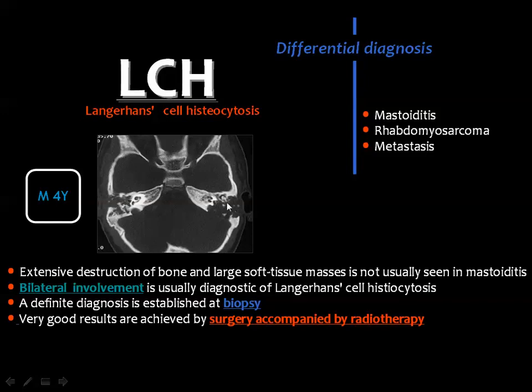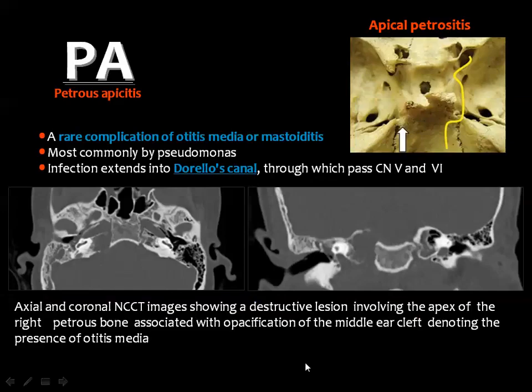If you see bilateral masses in a child centered to the occipit, the internal canals, then you can easily diagnose this histiocytosis. But if the lesion is unilateral, you may need a biopsy to confirm the diagnosis. The treatment is by surgery accompanied by radiotherapy, which gives good results.